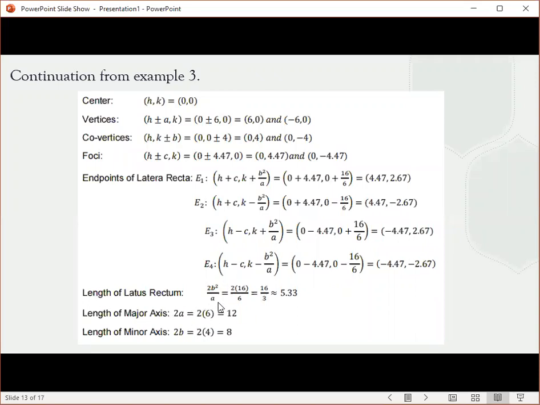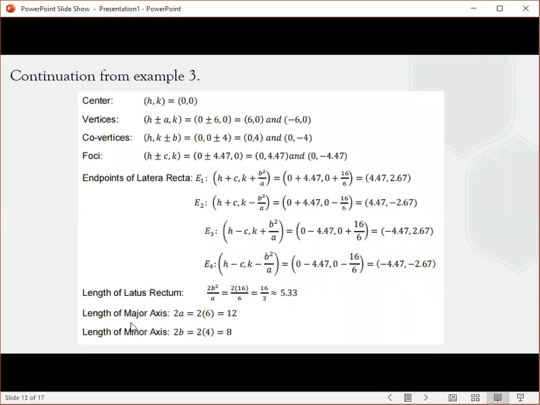Now, what is the length of the latus rectum? Okay, so the length of the latus rectum is expressed as 2B squared over A. So 2 times 16 over 6 is equal to 16 over 3 or approximately equal to 5.33.